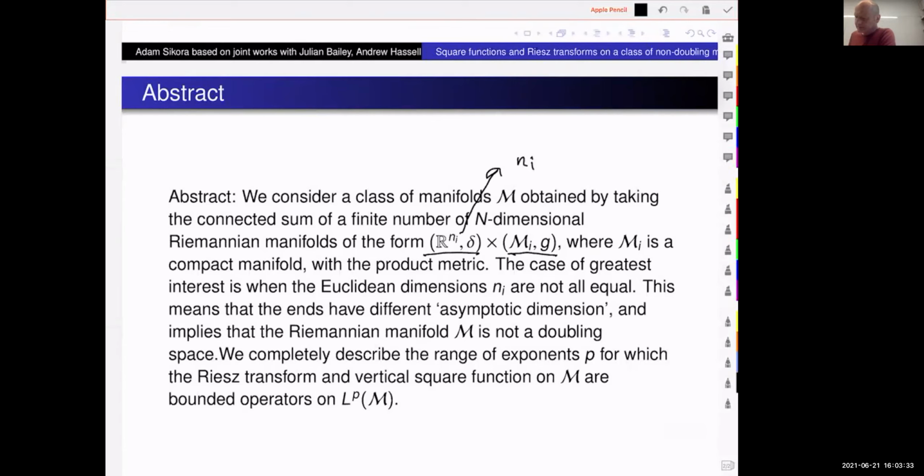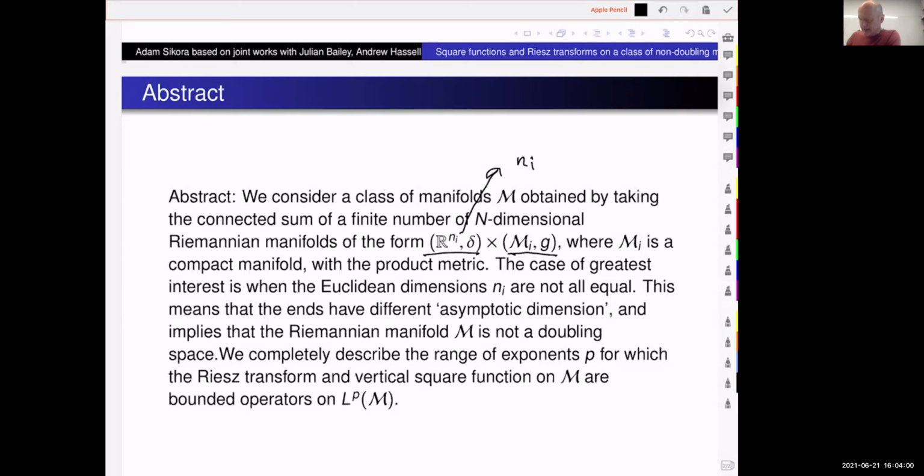One point of significant interest is when all these dimensions are not equal, because then the space is not doubling, and the doubling condition is pretty much a necessary condition in every aspect of harmonic analysis.